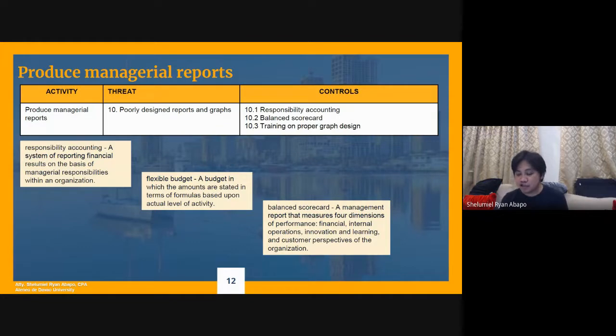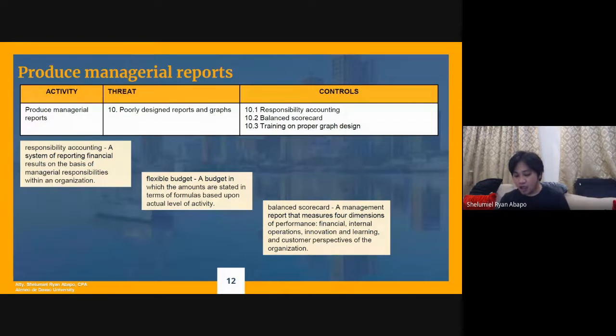For each dimension, the balanced scorecard shows the organization's goals and specific measures that reflect the performance in attaining these goals. And together, these four dimensions of the balanced scorecard will provide a much more comprehensive review of organizational performance than that provided by financial measures alone. Okay?